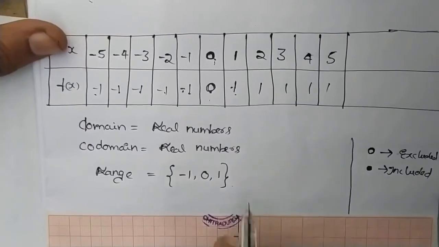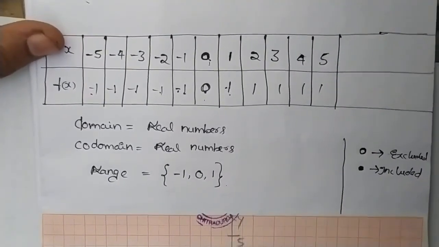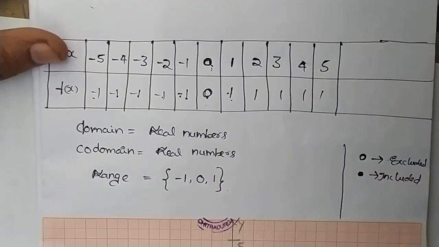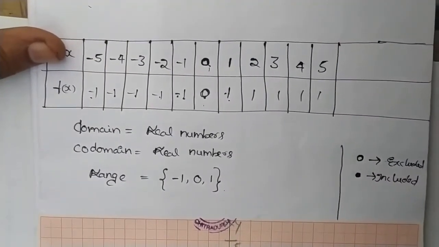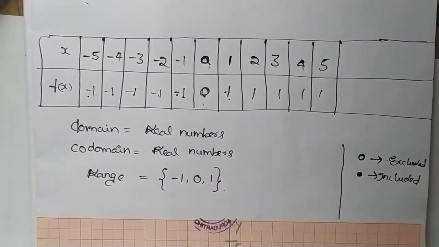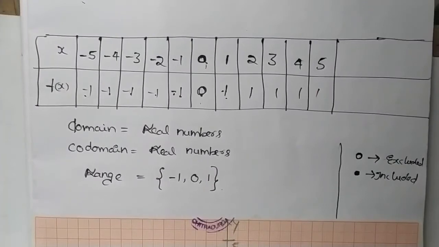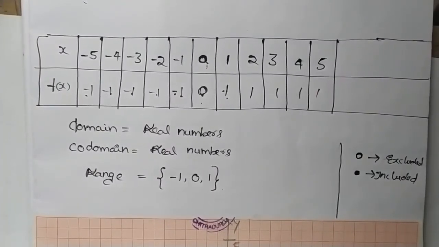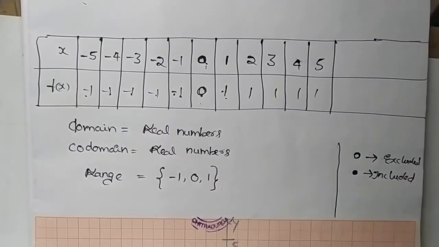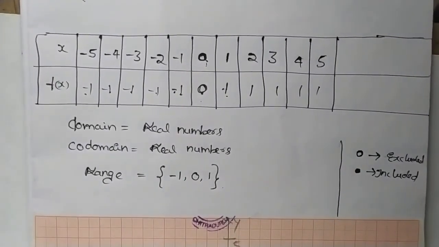So -1, 0, 1 will be the range for this function. Hence, it is the Signum function. The question may be asked like this: define a Signum function, draw the graph for the Signum function. Also, write down the domain, codomain and range for this Signum function. Like that, the question will be there.